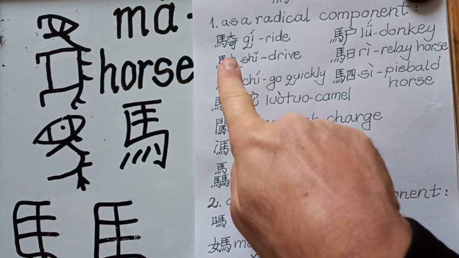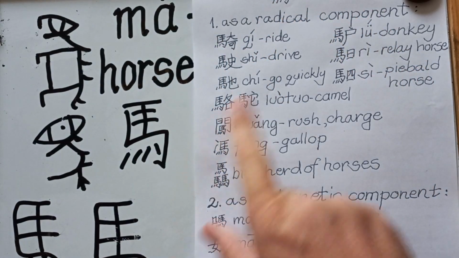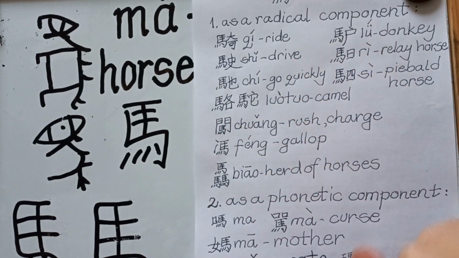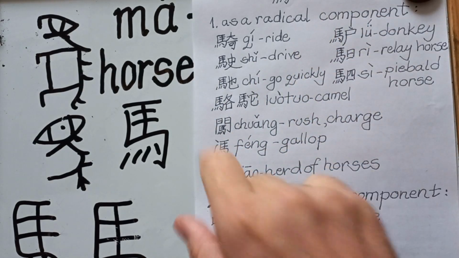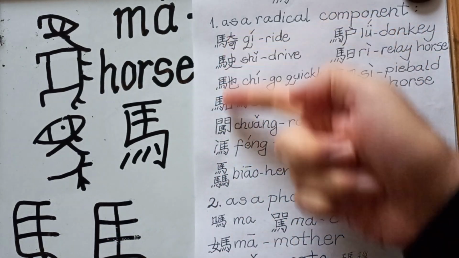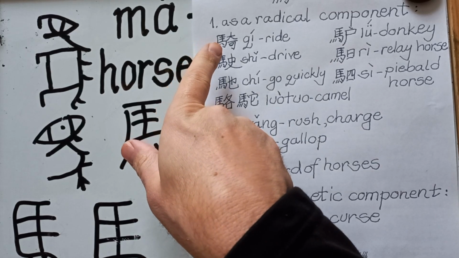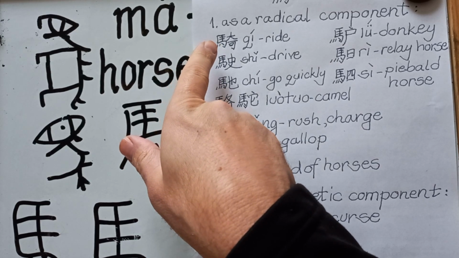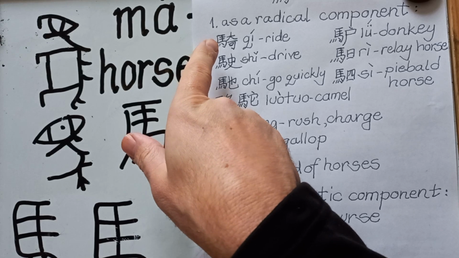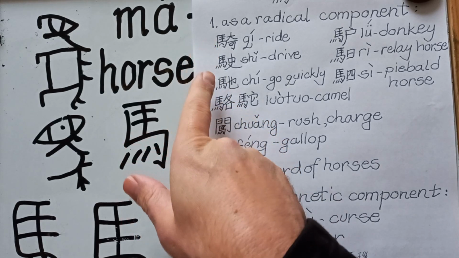So first of all, if we look at these combinations of Ma with other characters, we see that in this first group here, Ma is positioned to the left, on the left-hand side of the complex character.